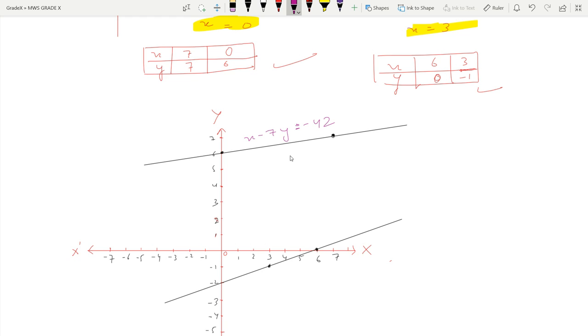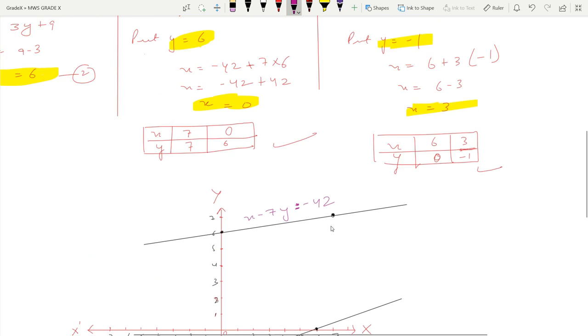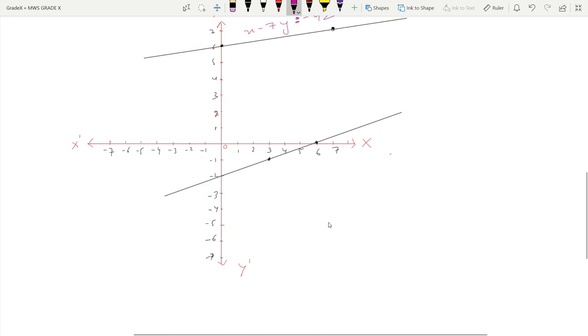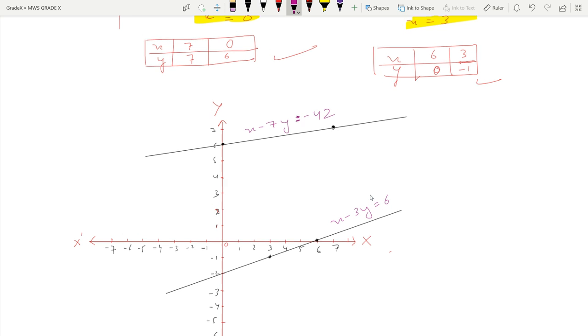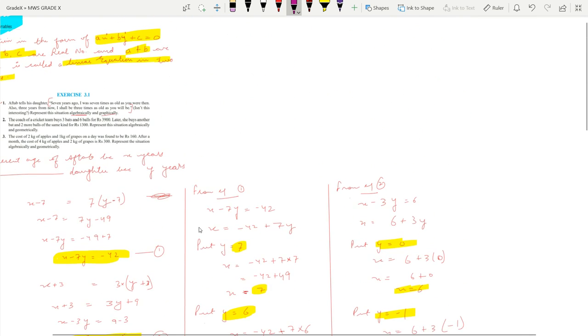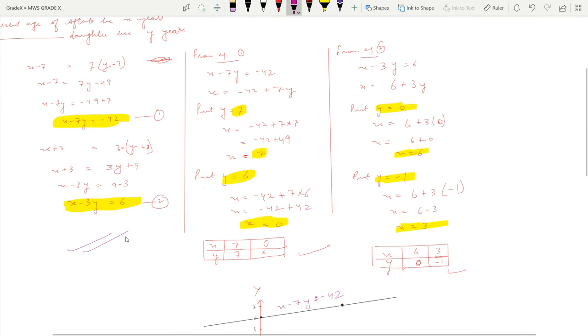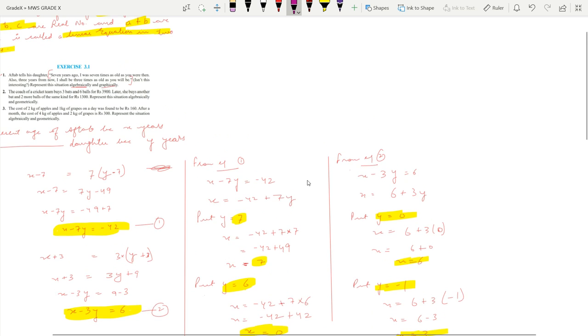We are just recalling what we did in ninth grade, but both equations in one graph will make sense in the next exercise. After this, the equation is x - 3y = 6. So graphically and algebraically we have represented it. The first question is done.